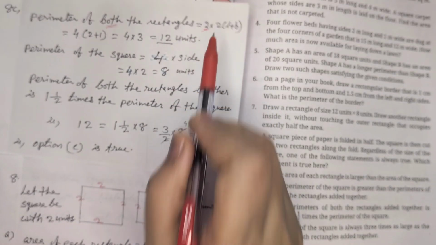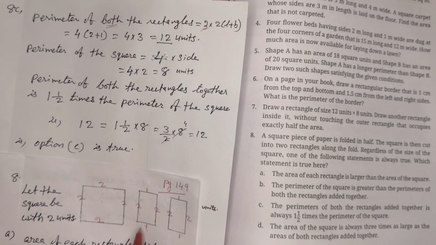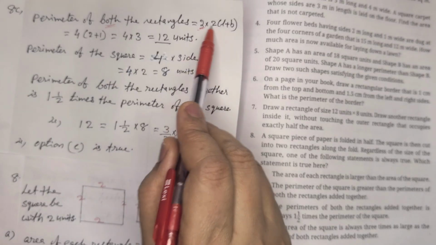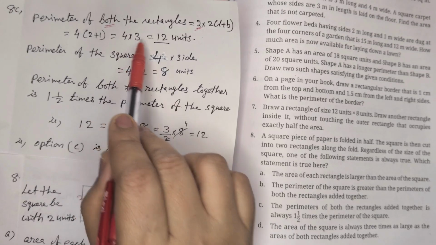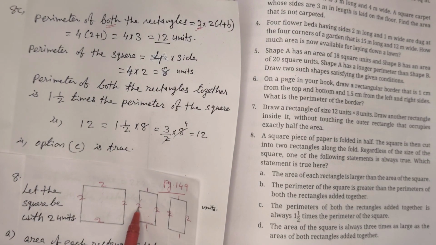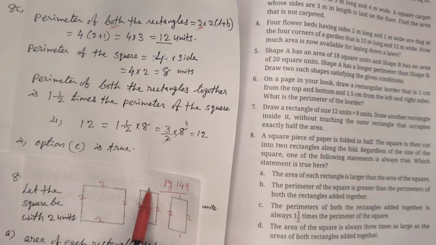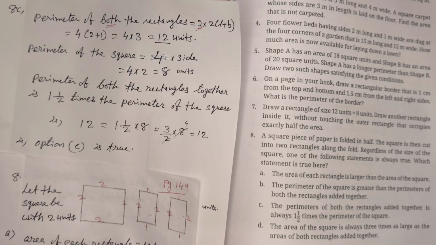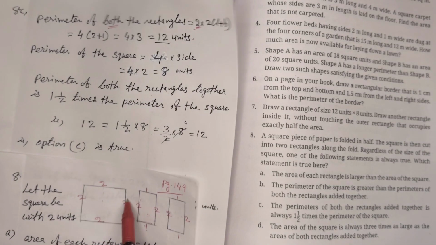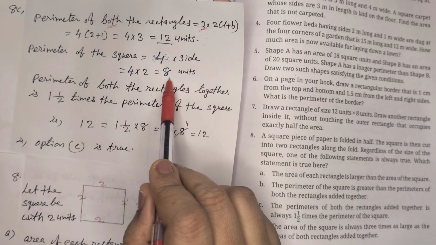Length and breadth are 2 and 1, so 2 plus 1, 3, 2 into 2 will be 4, so 4 into 3, 12 units. Otherwise, perimeter means 2 plus 1 plus 2 plus 1, and double it 2 times.